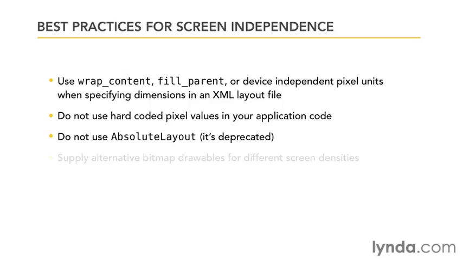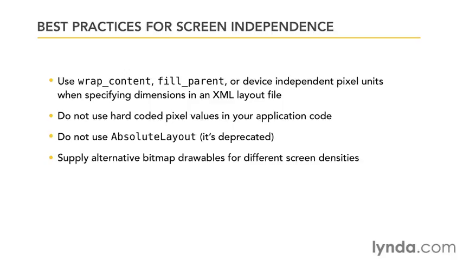And lastly, it's best to provide alternate bitmap drawables for different screen densities. So we've looked at that already with creating our application icon. We can provide a different version of that icon for smaller screen sizes and densities.